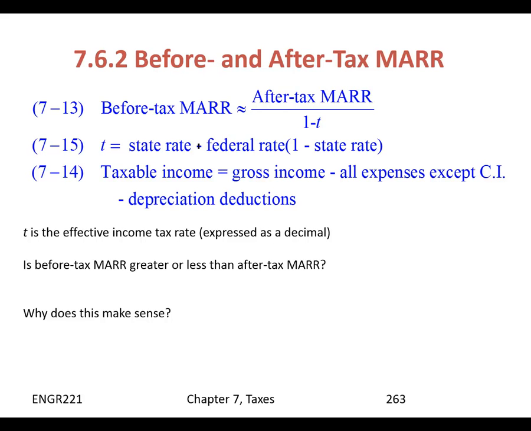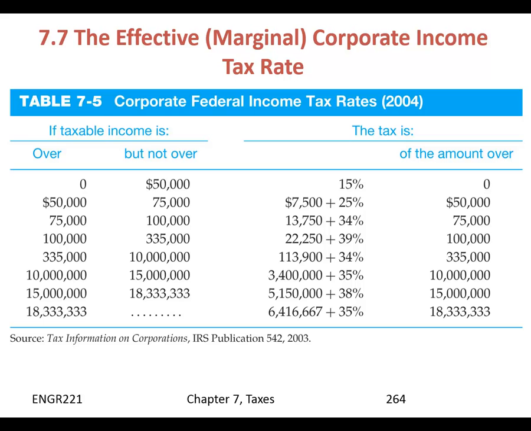Okay, here is a table that shows how to calculate your federal income tax. These are the corporate tax rates, not the personal tax rates, although personal taxes are sort of calculated in a similar way. The first $50,000 of taxable income is taxed at 15%.